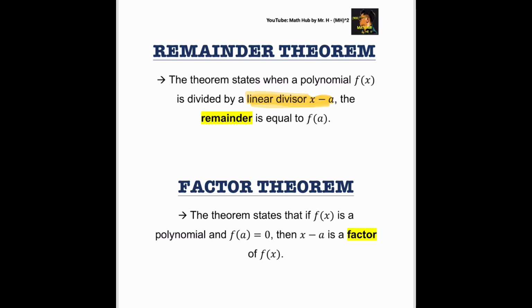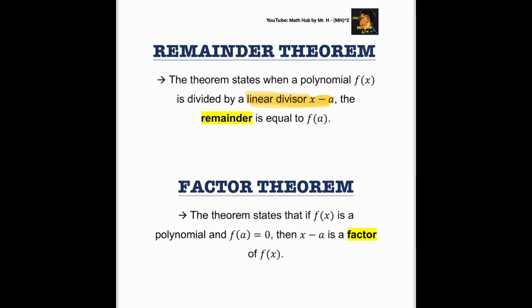You can have a divisor that's x plus 1, x minus 1, x plus 5, x minus 100, so on and so forth. The second thing is remainder theorem actually helps us identify, even without performing the division, if there's a remainder or if there's none. And how do we do that?